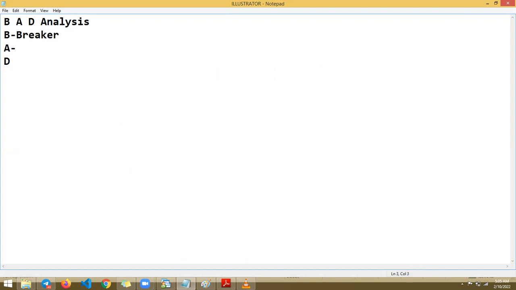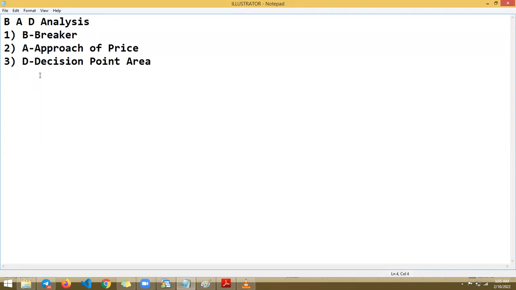A stands for approach of price. Finally, D stands for decision point area. These are the three steps or criteria that you have to follow when looking out for potential setups. Very simple items that you have to pick out.